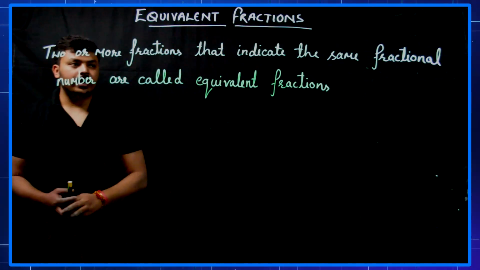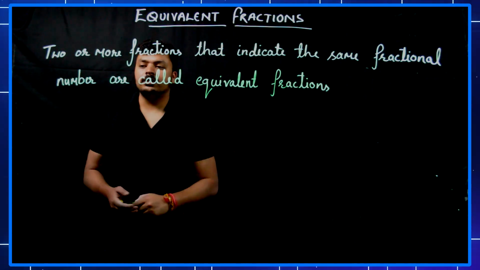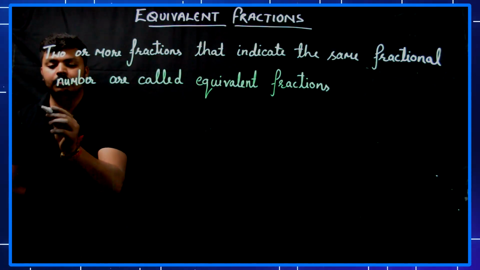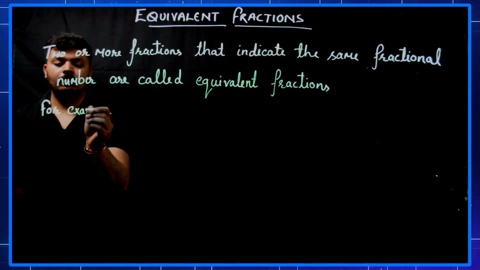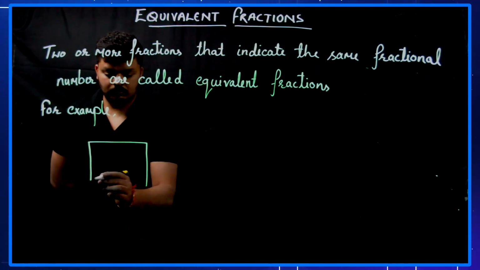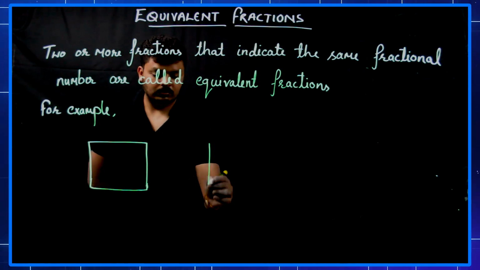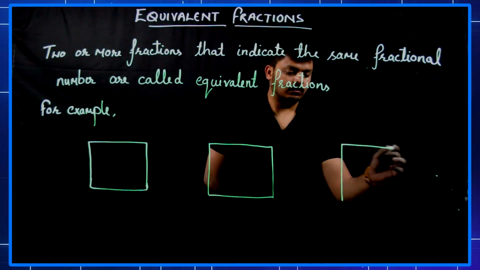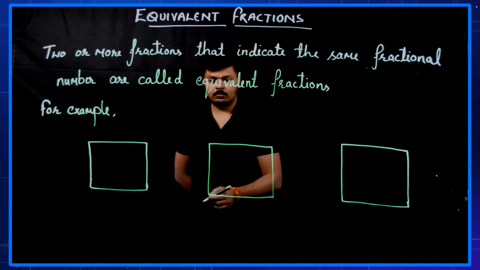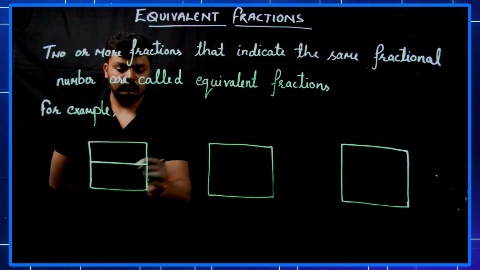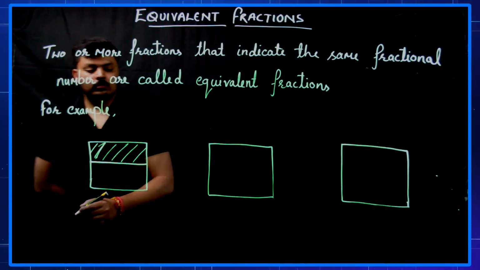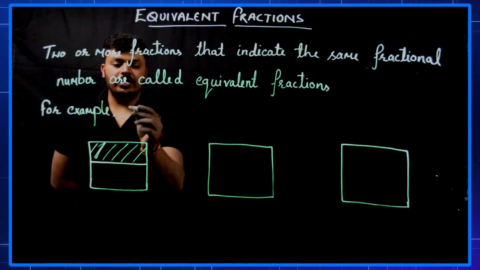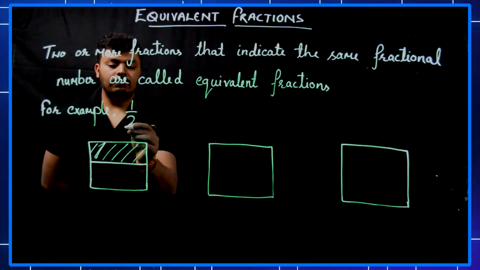So two or more fractions that indicate the same fractional number are called equivalent fractions. With the help of an example, so in the first figure, the shaded portion represents the fraction 1 by 2.